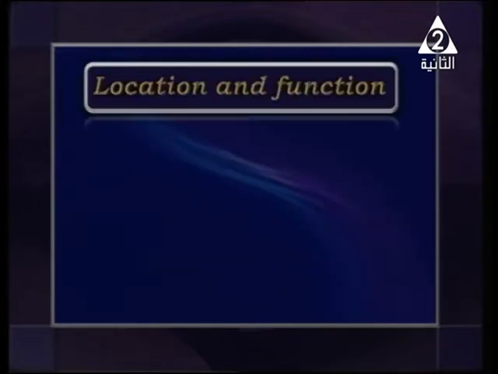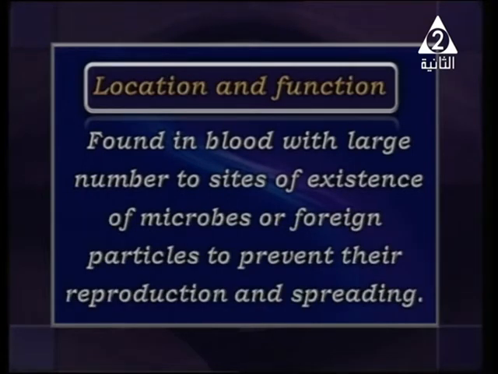And also, regarding their location and function, they are found in the blood, in large numbers at sites where microbes or foreign particles exist, to prevent their reproduction and spreading inside your body, if they are microorganisms with the ability to reproduce and spread.